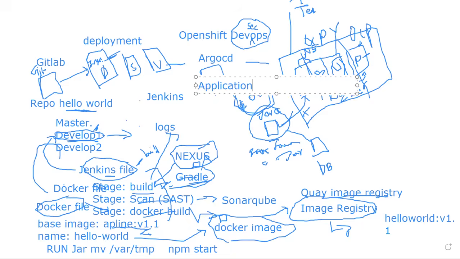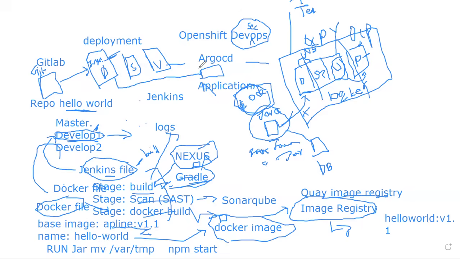Okay. New application as hello world I will create. And what I will do, this particular deployment file, or deployment environment in GitLab, I will give that deployment thing to Argo CD for my new application.